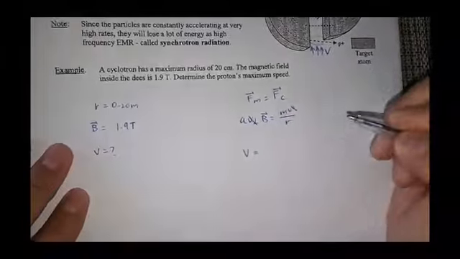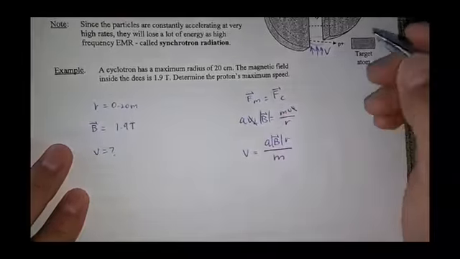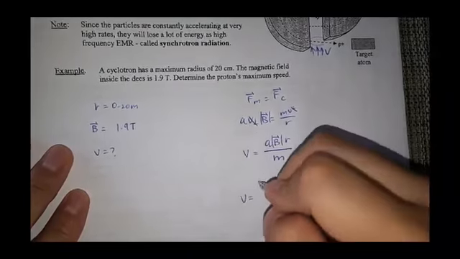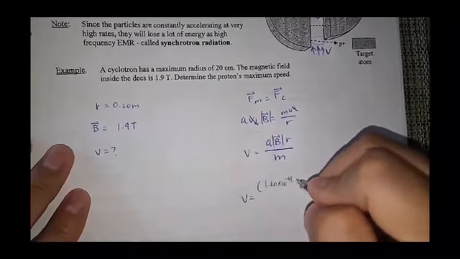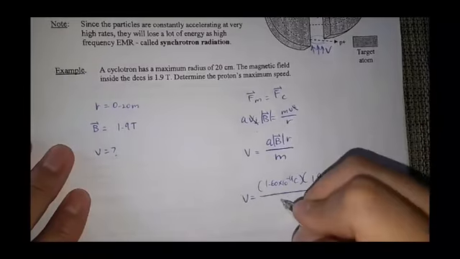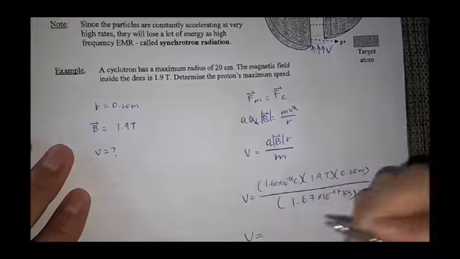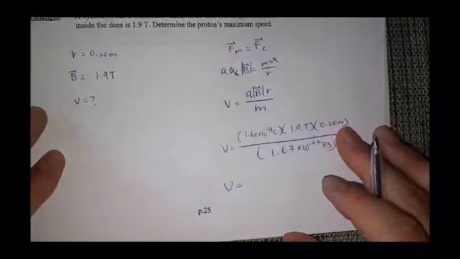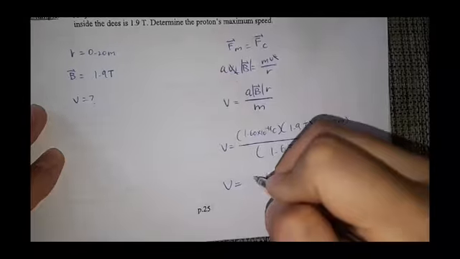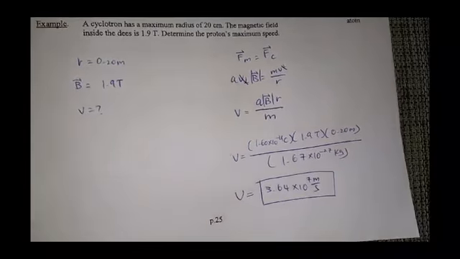Isolate for B. And then we are going to write down every single clue. Then the speed reached in that situation will be 3.64 times 10 to the power of 7 meters per second. That's what it is.